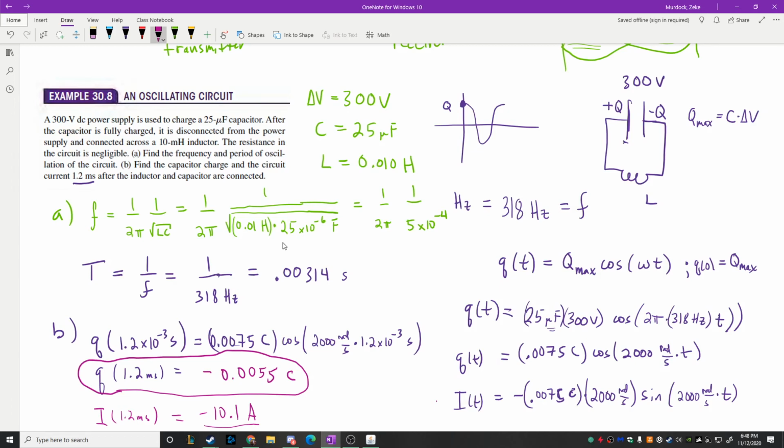So for this one, we're using that equation. Anyone else get the same thing? Okay, cool. All right, any questions about LC circuits?